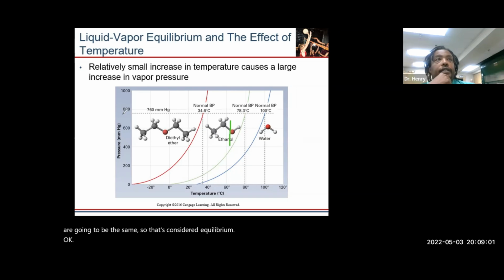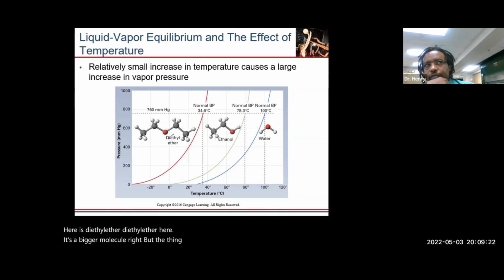Okay, so here's water. Here is ethanol. Here is diethyl ether. Diethyl ether is a bigger molecule, right? But there's not a lot of hydrogen bonding that goes on here. You only have this oxygen that's attached to both carbons.